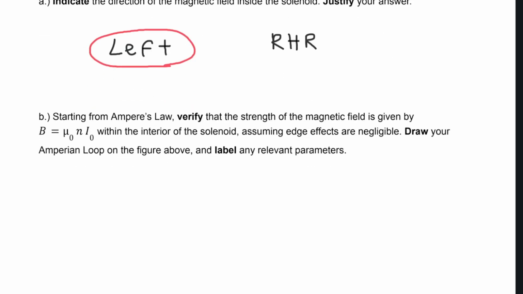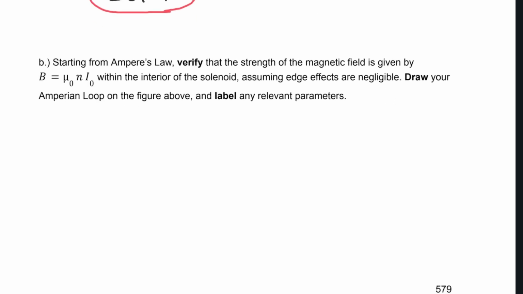Starting from Ampere's law, we want to verify the formula for the field inside a solenoid. So I'll draw my little solenoid here, and again, here's one that has a weird Amperian loop to draw.